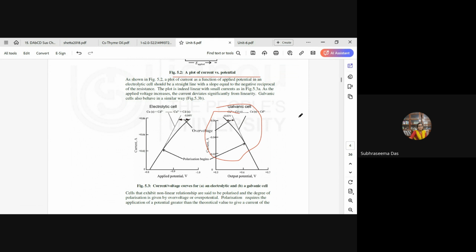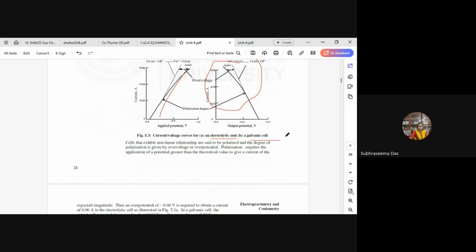So this is how a galvanic cell behaves in the same way. This is the IE curve for an electrolytic cell, which is linear in nature, and for a galvanic cell, which shows deviation.